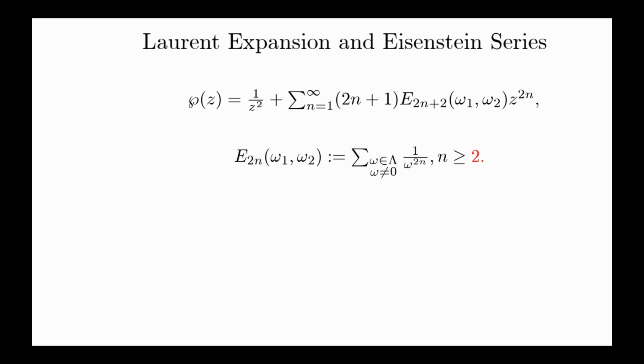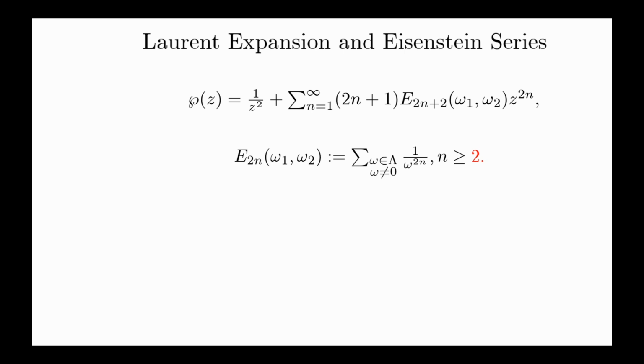So that's the Eisenstein series for periods omega 1 and omega 2 as a sum over the lattice points. And we know that we require n to be greater than or equal to 2 for absolute convergence, which means that E of 2 is not defined at the moment, although we can find a way to define it, as we will see later.